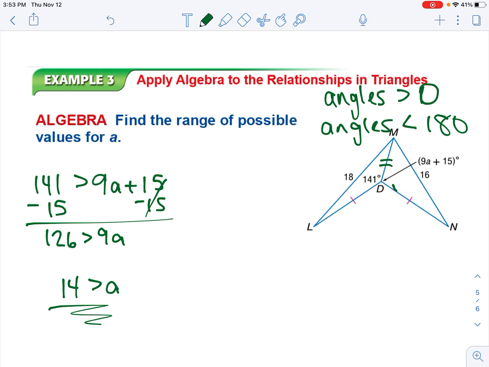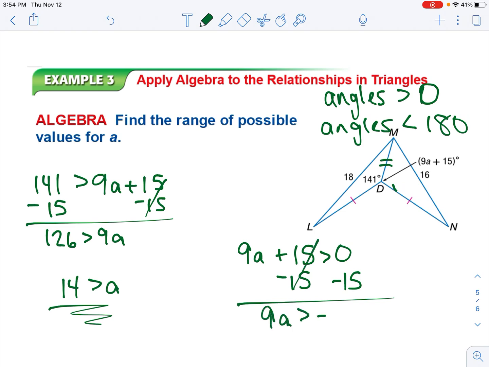So we already have our angle less than 141, which means for our secondary part to find our range, we need to state our angle greater than a number. And in this case, we want to do angle greater than 0. So we don't want to do the angle less than 180 because we already have a more strict thing here, 141, so that would just kind of be repetitive and not super helpful.